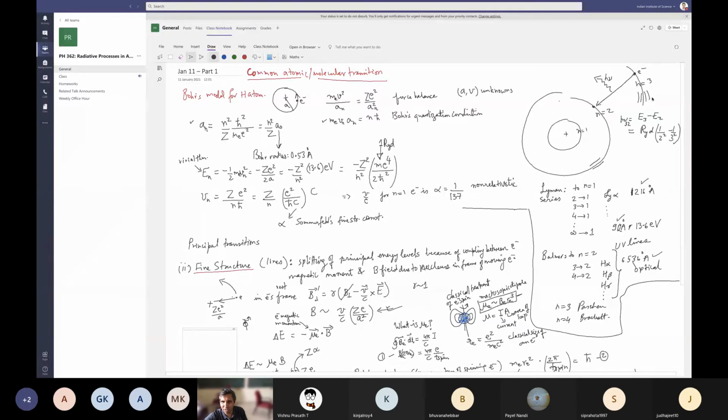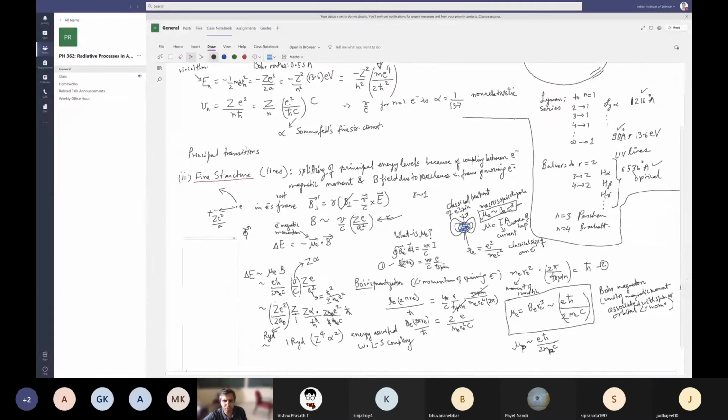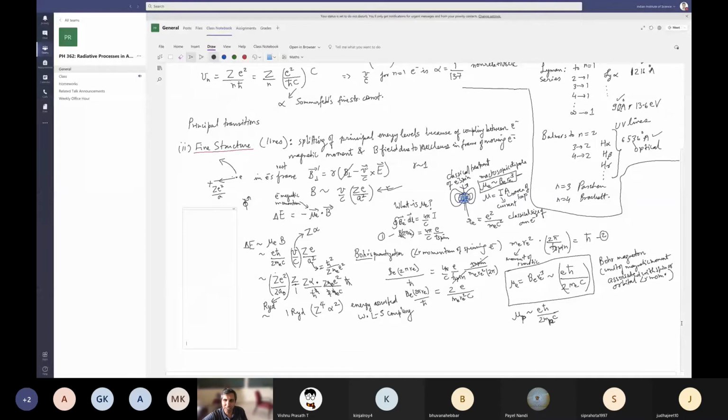This is called fine structure, and you can have a transition between these levels, and that will give rise to these fine structure lines which are observed. So this is the energy associated with the fine structure transitions.